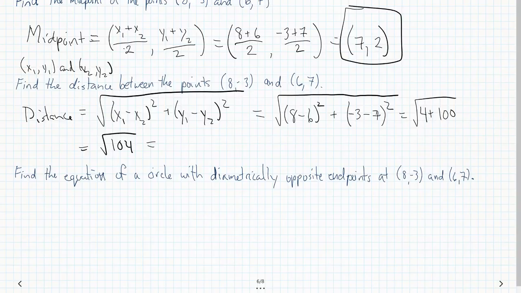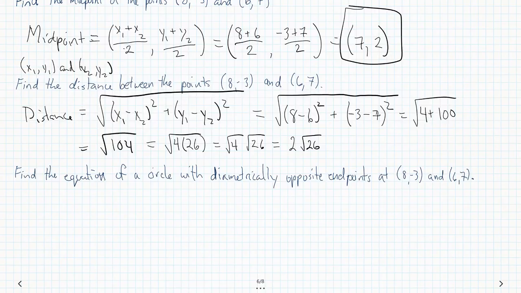So you can write this as the square root of 4 times, it goes in twice, and we'll leave 24, so that means another 6 times, so 26. And so we can write that as square root of 4 times square root of 26, and square root of 4 is 2. So you can write this as 2 times the square root of 26 if you want. That works out just fine.